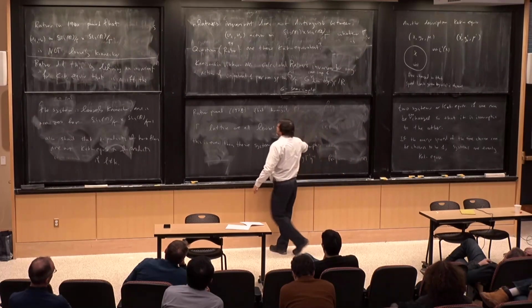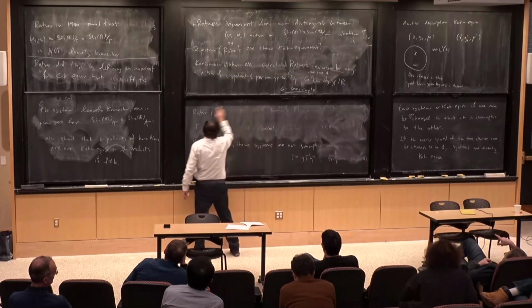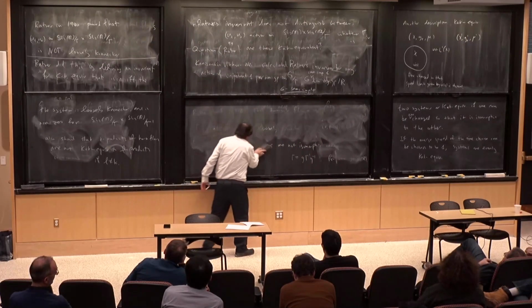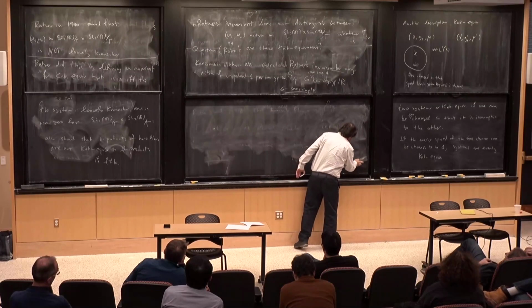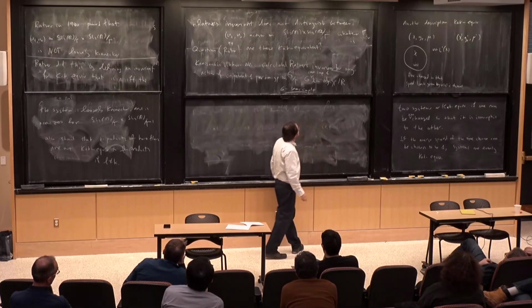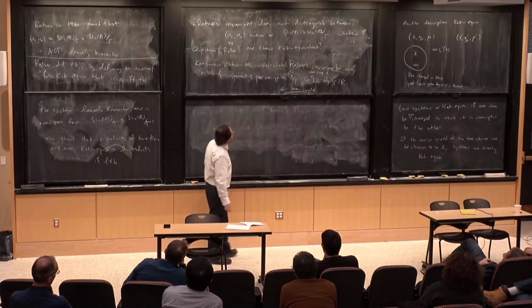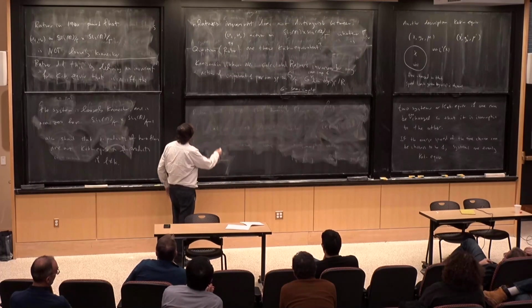So this invariant is a real number or integer or what? It's a real number, which turns out to be an integer for these examples. And the one parameter unipotent group, right?